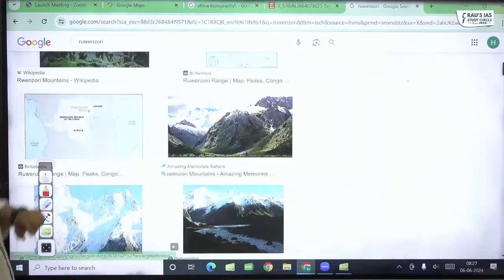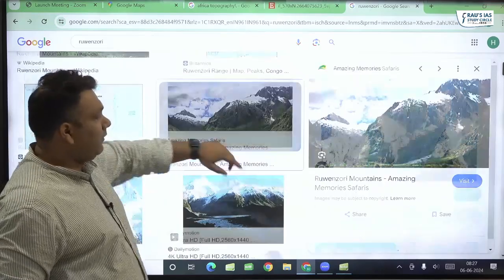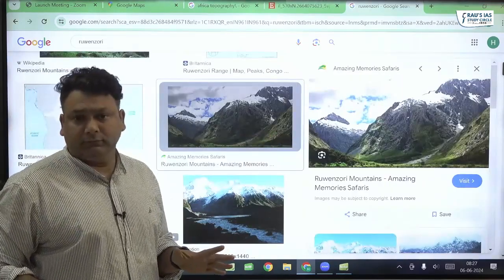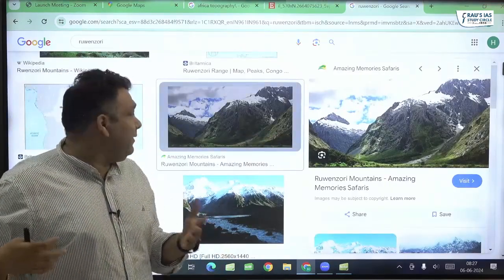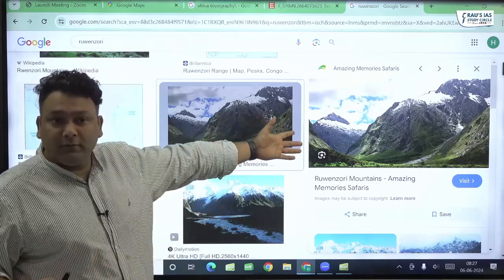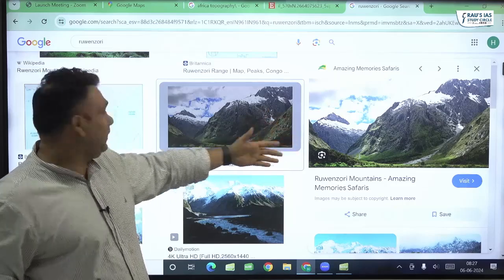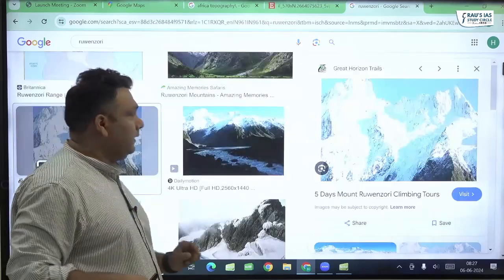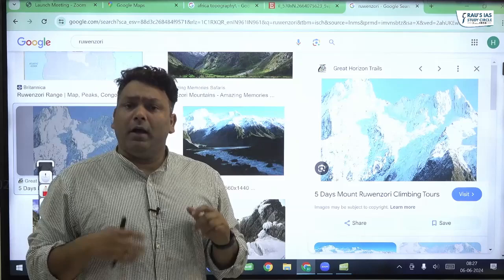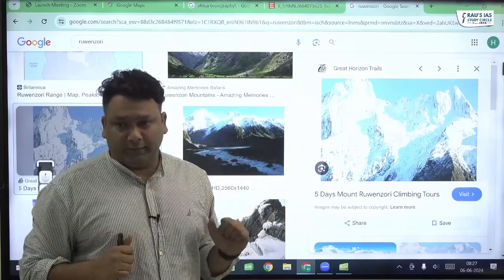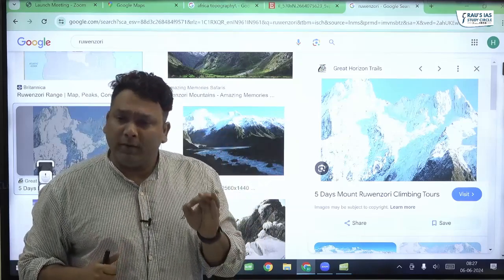Look at these mountains, they have ice peaks. I could not have imagined something so white in Africa. So this tells you that Africa also has snow-laden peaks. That's why this mountain becomes very important.